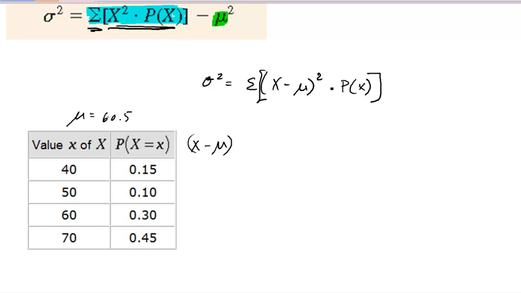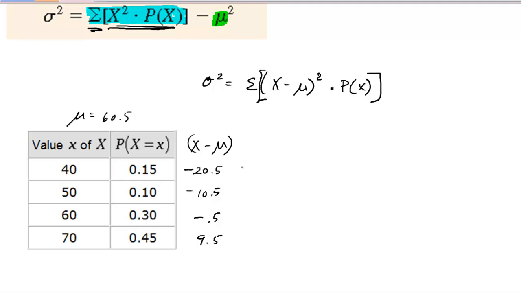X minus the mean. So this is 60.5, this is 40, so this is 20.5. It's actually negative, and I'll put that in. This is 10.5, it's also negative. This is 0.5, and this is 9.5, and it's positive.